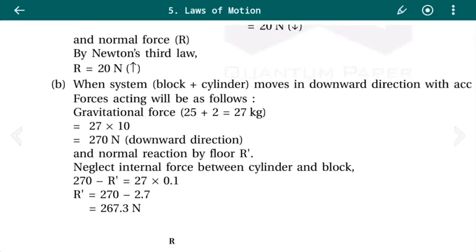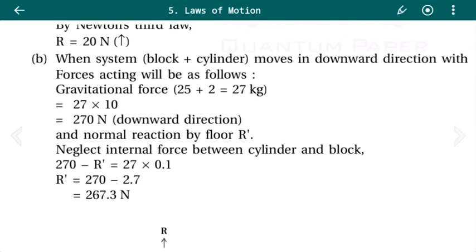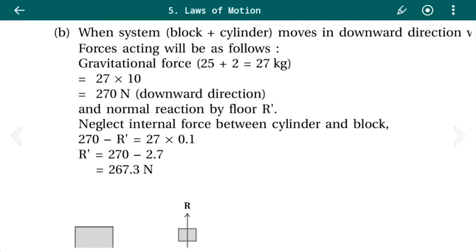Let us see the second case. Forces acting will be as follows. The gravitational force that we have seen, that is the weight in the downward direction, (25 plus 2) into g, that is 270 Newton downward. And the normal reaction by the floor in the upward direction.